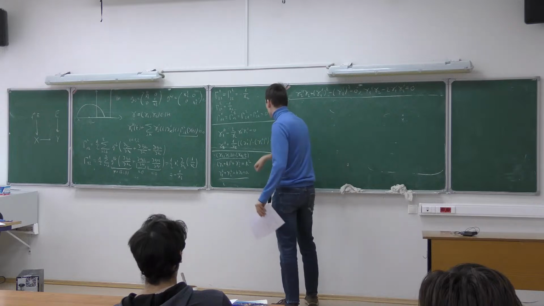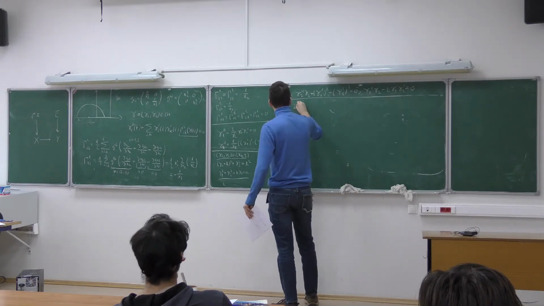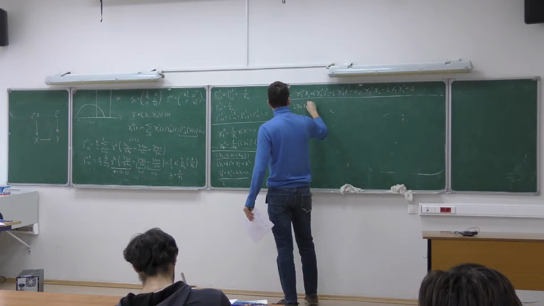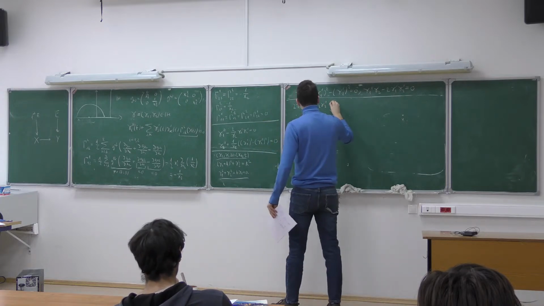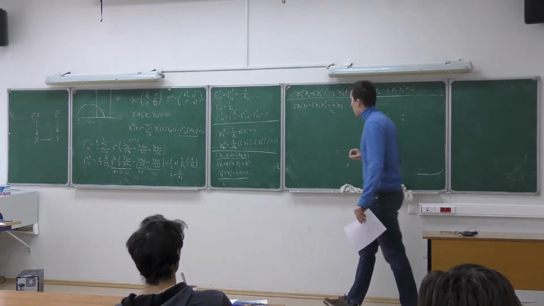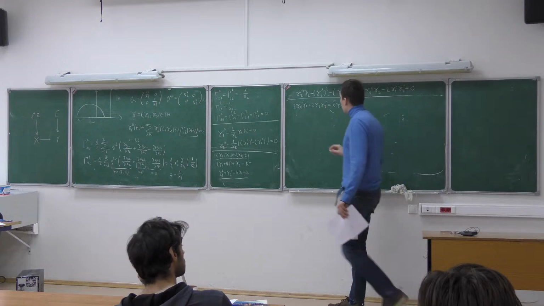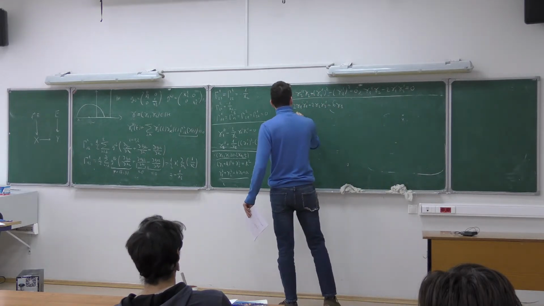Продифференцируем. Вот, убрали одну степень свободы. Теперь хотим убрать b.